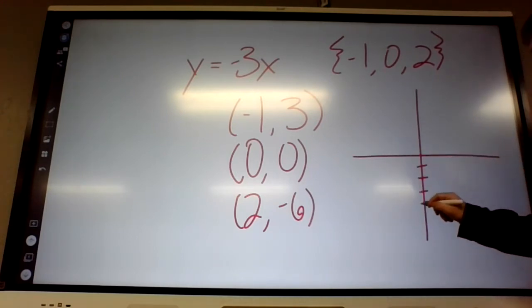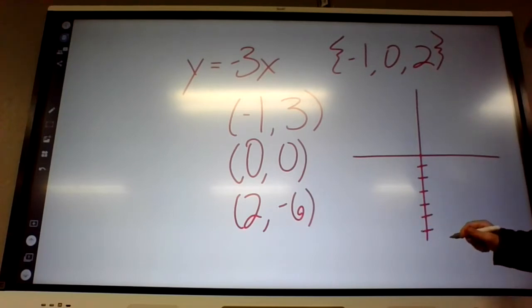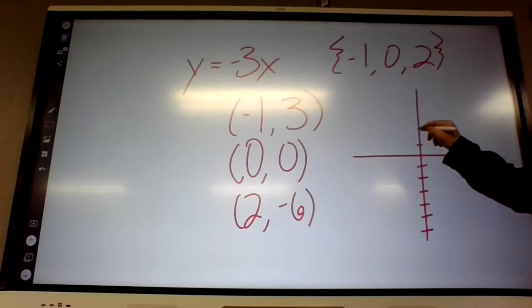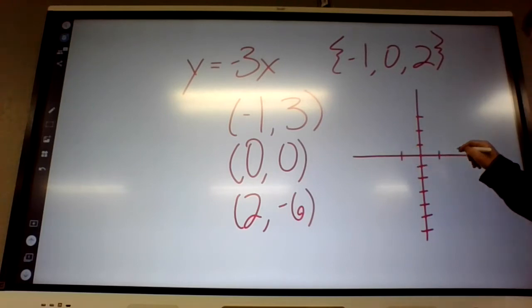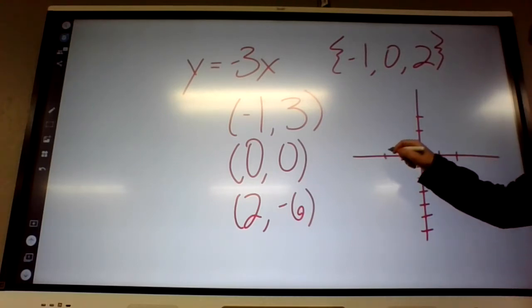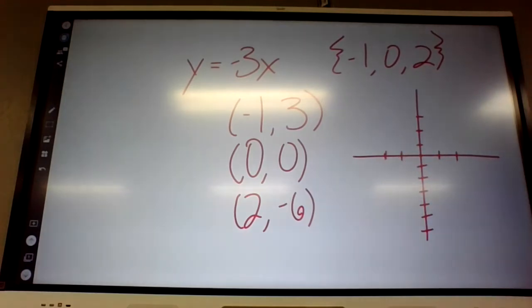That's what the graph paper is for, yes. The highest point is 3. Okay, so -1, 3. How do I get to that point?